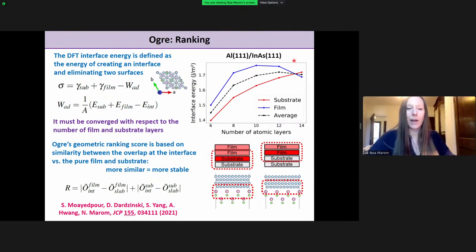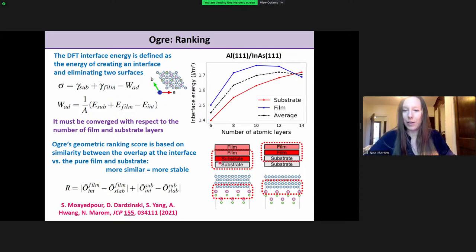For this, we have a ranking geometric score function that's based on the overlap between atomic spheres, where we compare the overlap of spheres at the interface with an overlap of spheres in a purely film slab.